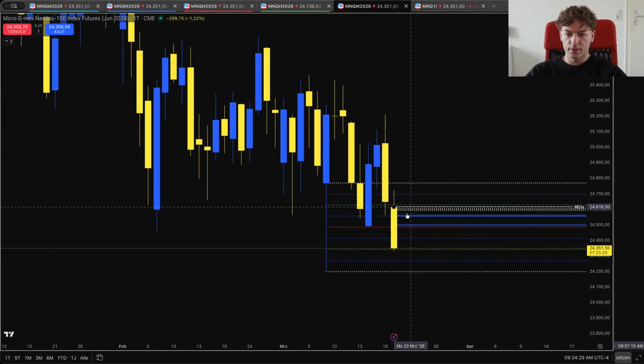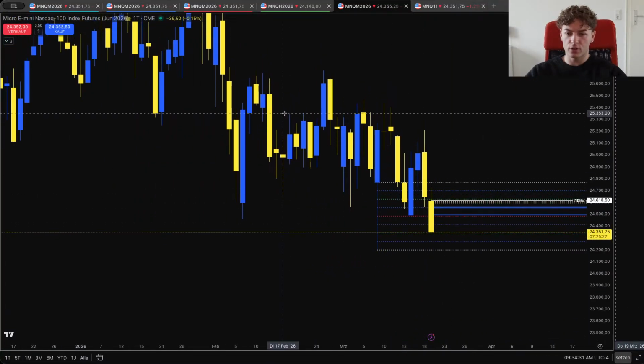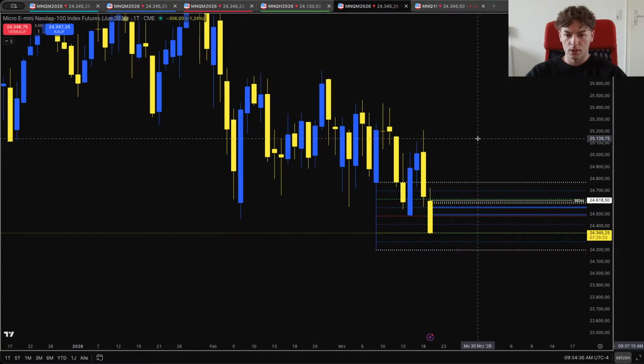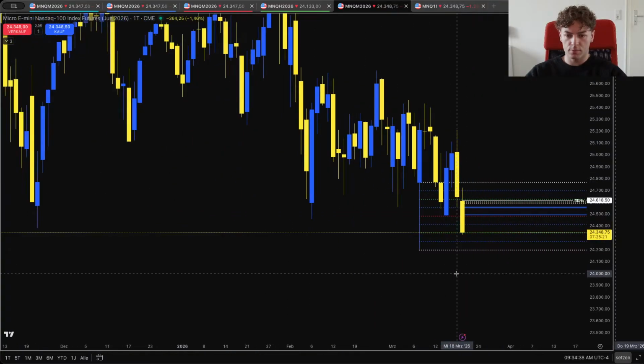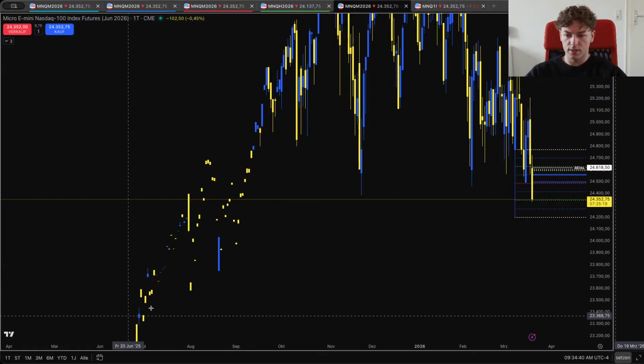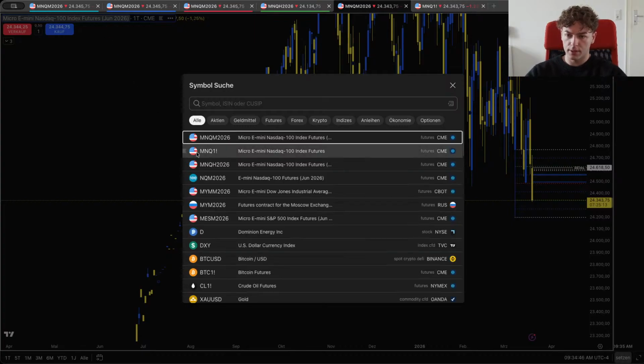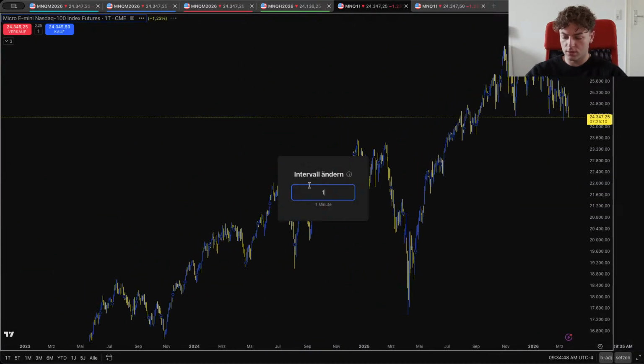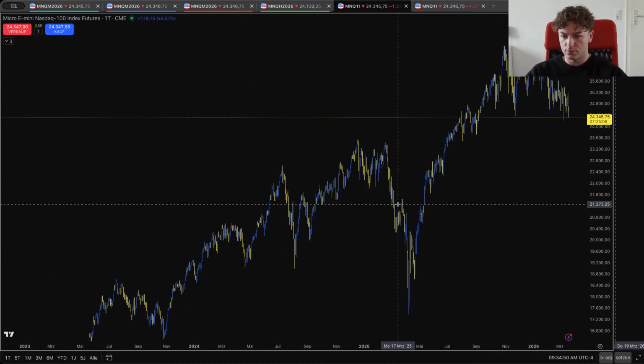Our bias for today is that we hopefully are going to leave this consolidation range and start moving lower towards sell side. Go to continuous charts for MNQ.